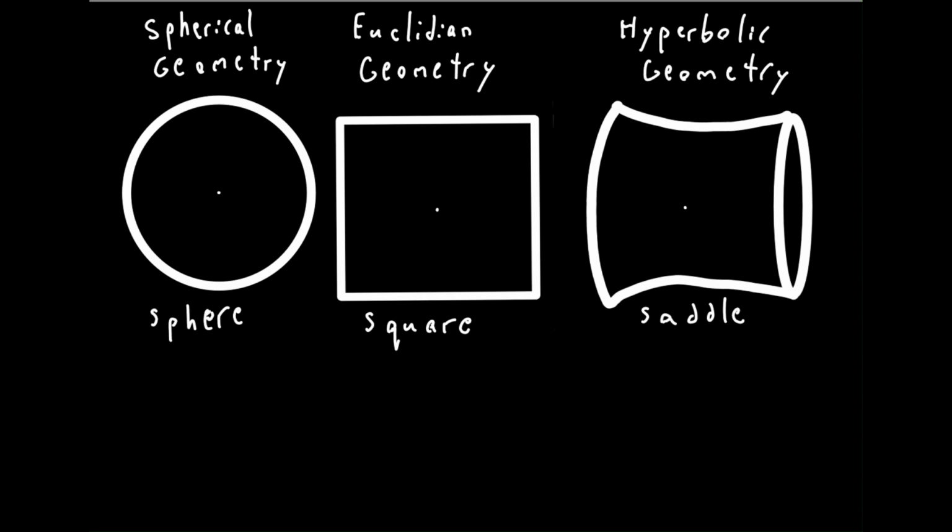Let's move on to the circumference of a circle in each of these planes. Let's say this is x. What will the circumference be for each of these geometries?